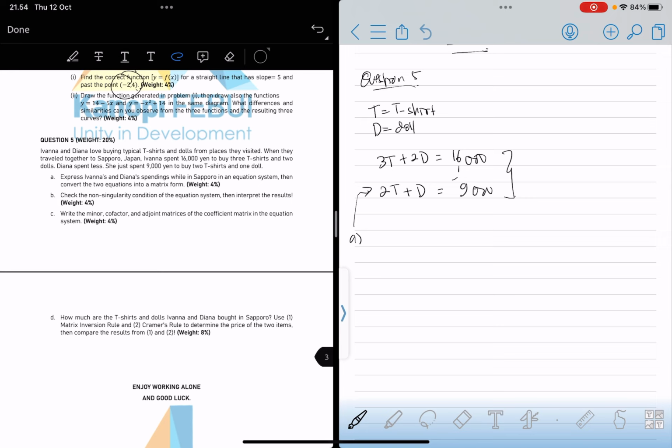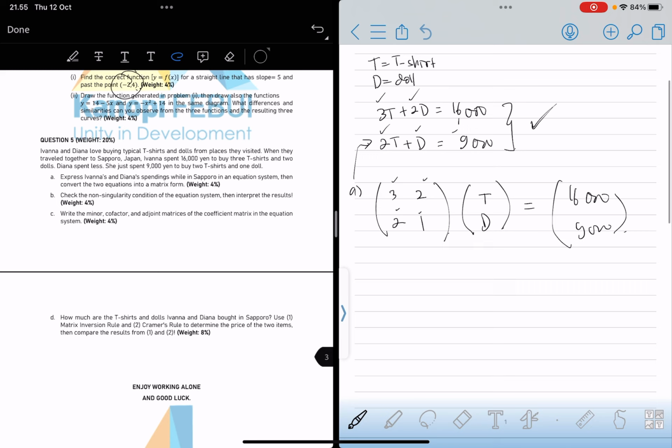I'm certain that you have learned this in the class. So the matrix form from this kind of equations is [3, 2; 2, 1] times [T; D] equal to [16,000; 9,000].